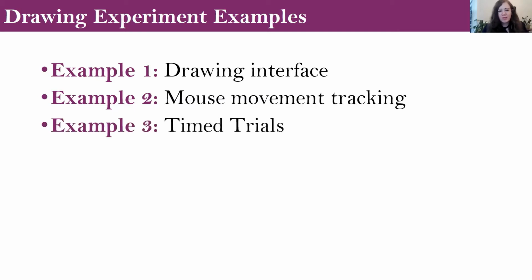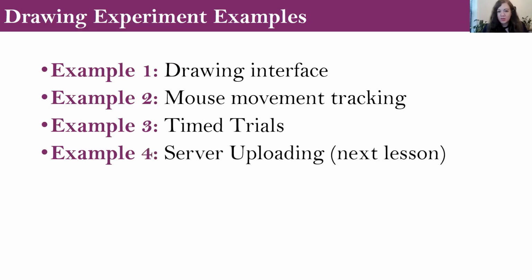Then in the third example, I'm going to show you one that builds upon example 2 that now also includes timed trials. And then we're not going to go into example 4 in this lesson, but we're going to go into it in the next lesson, because example 4 deals with interacting with a server, saving your own data on your own database. And so I'm going to tell you how to do that in lesson 3.